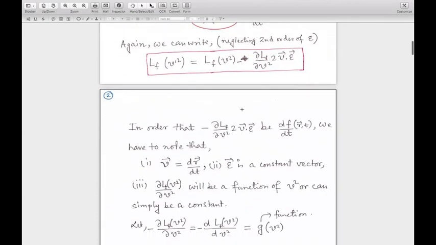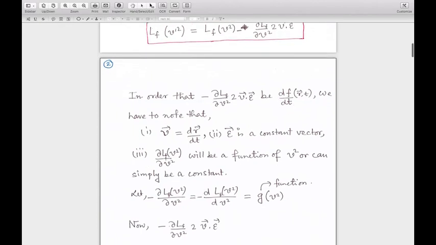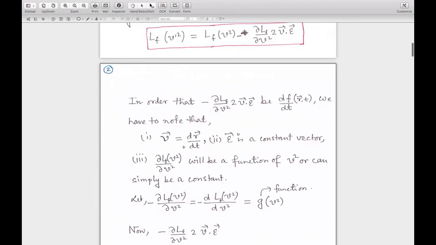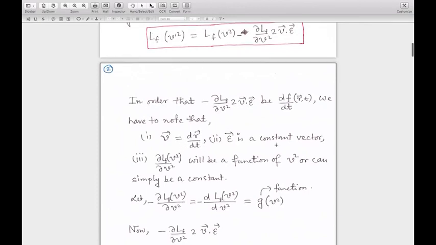Now, in order that this extra term, minus ∂L_F/∂(v square) times 2 v dot epsilon, be a df/dt, we have to note that v is nothing but dr/dt and epsilon is a constant vector.